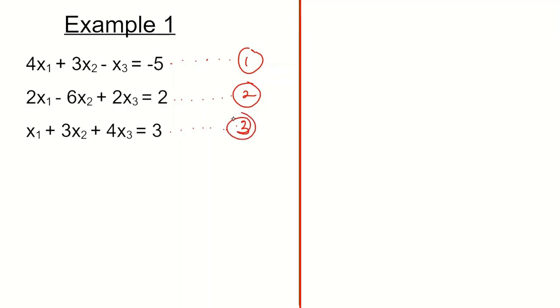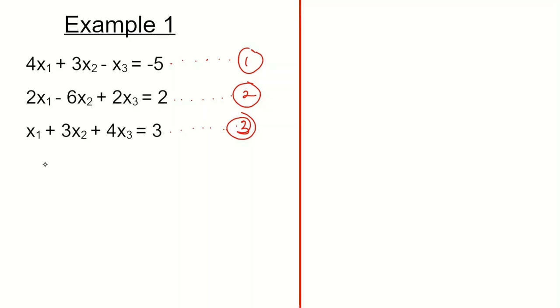Before we augment matrices for the systems of linear equations, we first have to write these systems of linear equations in matrix form. With the help of the matrix equation formula, we can do that.